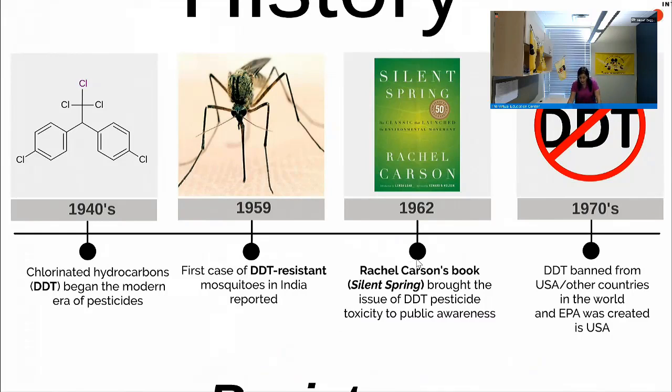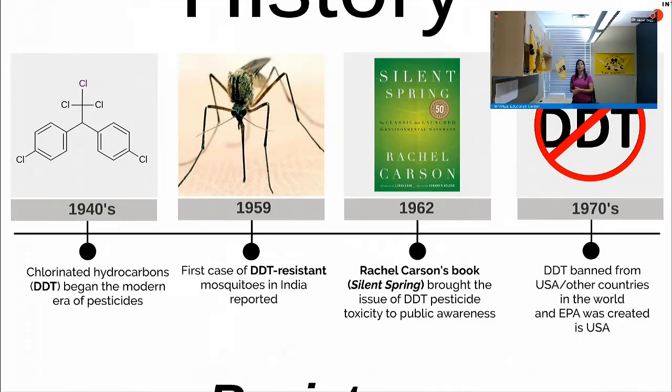So back to the DDT. In the 1970s, it was banned from the United States and other countries around the world, and the EPA, also known as the Environmental Protection Agency, was created here in the United States. For what?